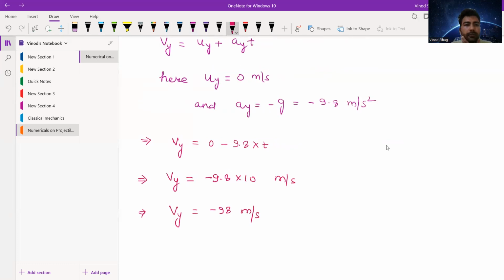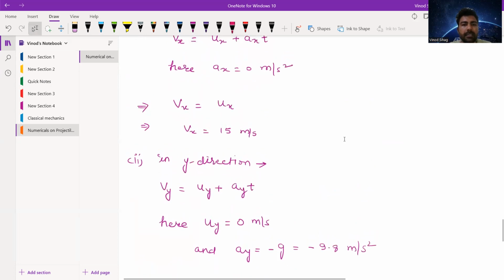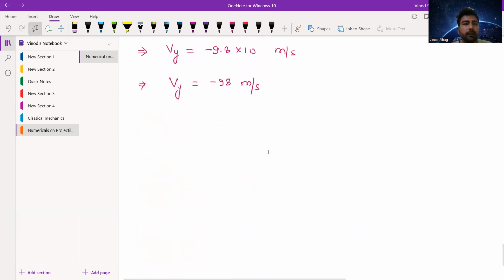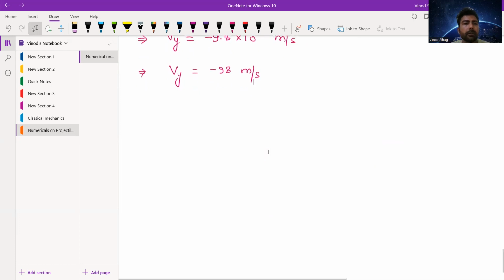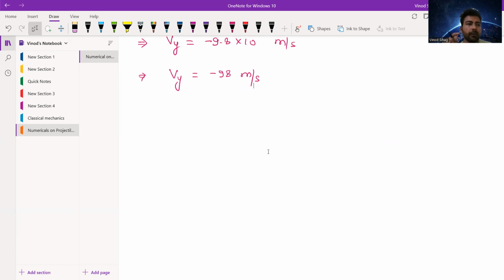So this is the final velocity in the x direction 15 meter per second, and vy equals minus 98 meter per second. Don't worry about the negative symbol because with respect to its initial position, the particle is moving in the downward direction, that will be in the negative direction.